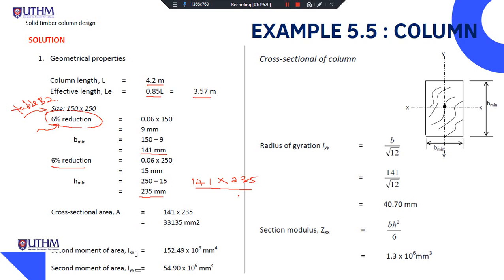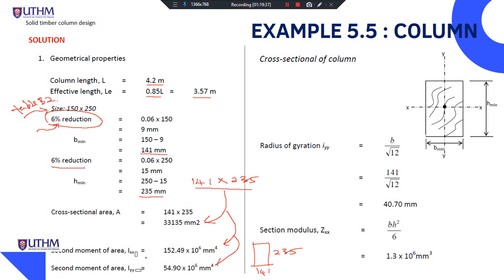Using this minimum size, we calculate the cross-sectional area, and calculate the second moment of area both in X and also Y axis. So here is 141, here is 235.